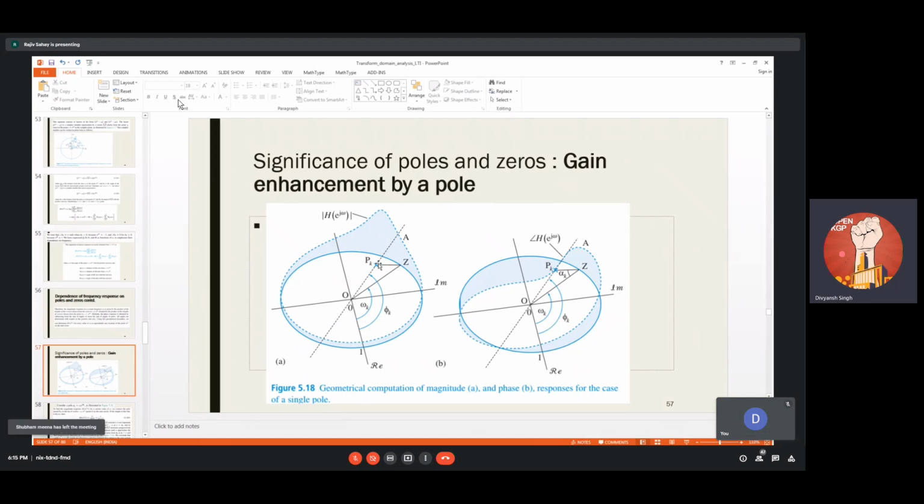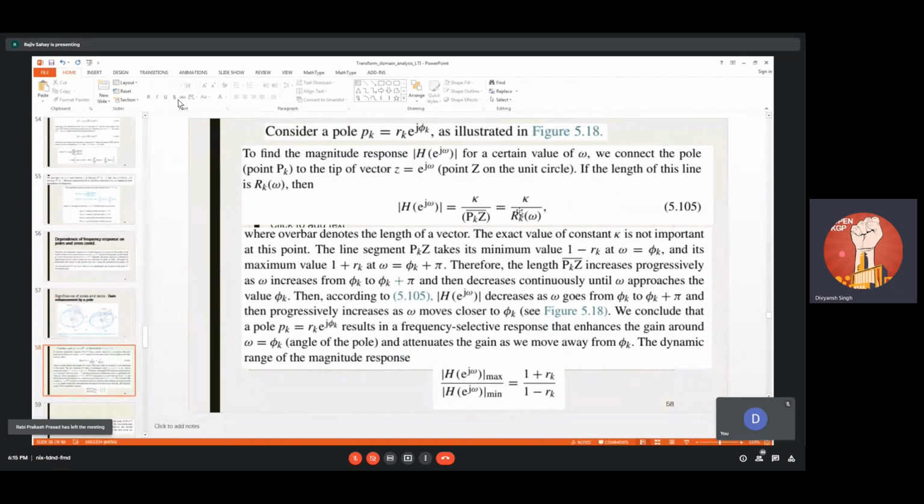So we wanted to analyze the impact of the introduction of this single pole on the magnitude response and the phase response. So we had discussed how to write the magnitude response. There is only one pole. So this particular pole is written as r_k e^(j phi_k).